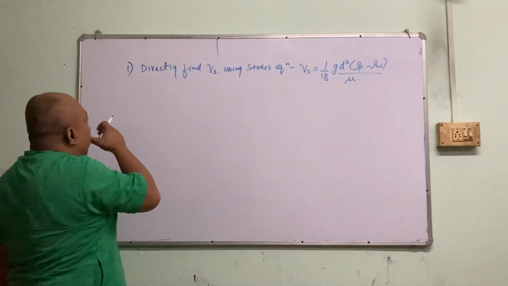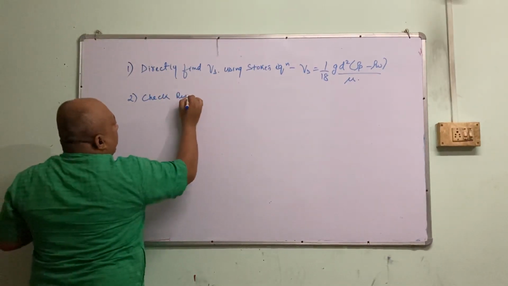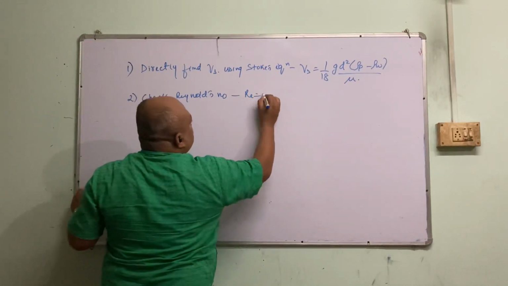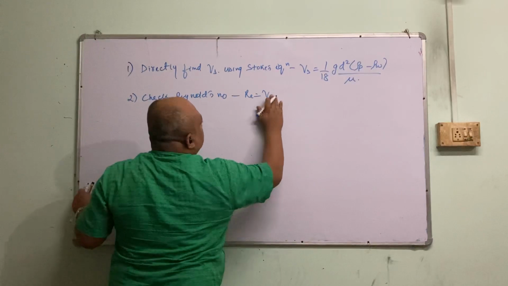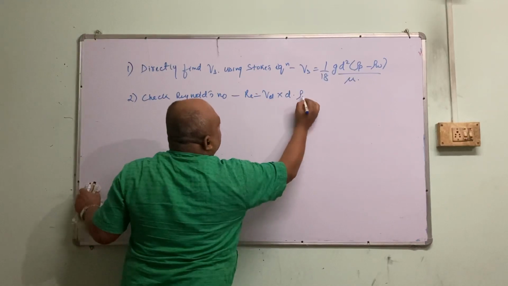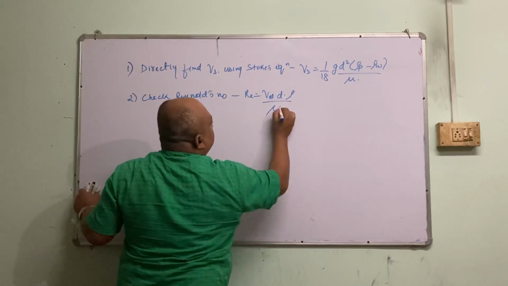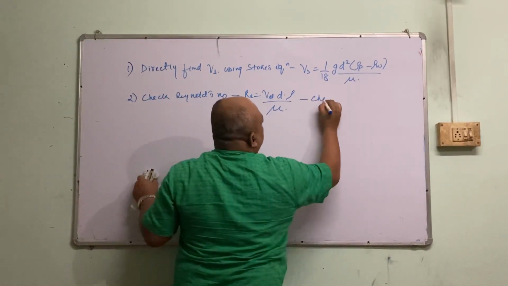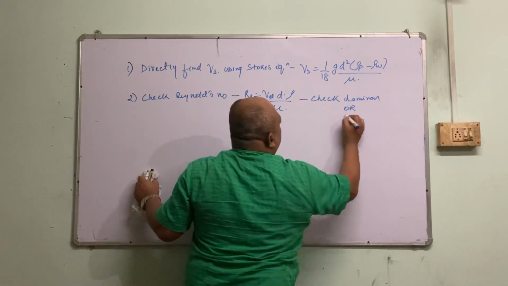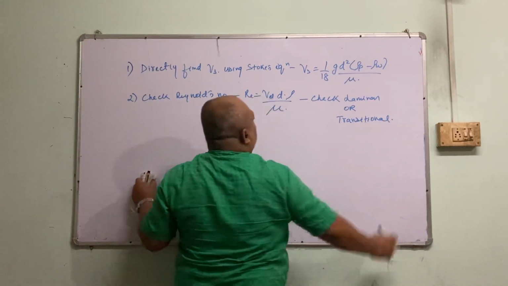If you don't remember this formula, you have to derive it from the beginning again. Okay? Number two: check the Reynolds number, that is Re is equal to settling velocity into diameter into density, divided by mu, and check whether it is laminar or transitional.